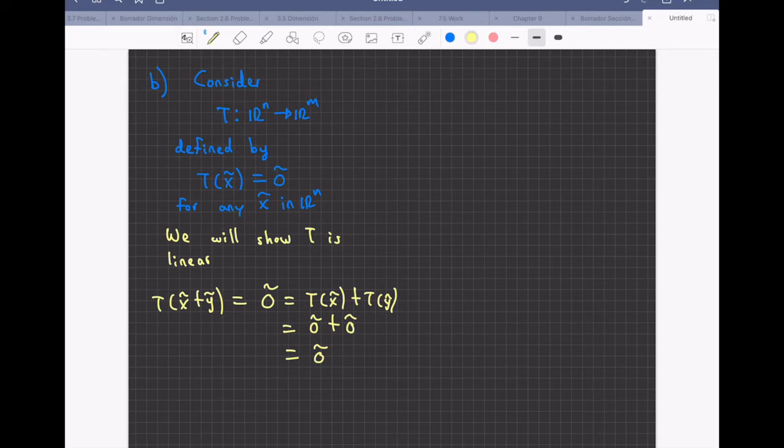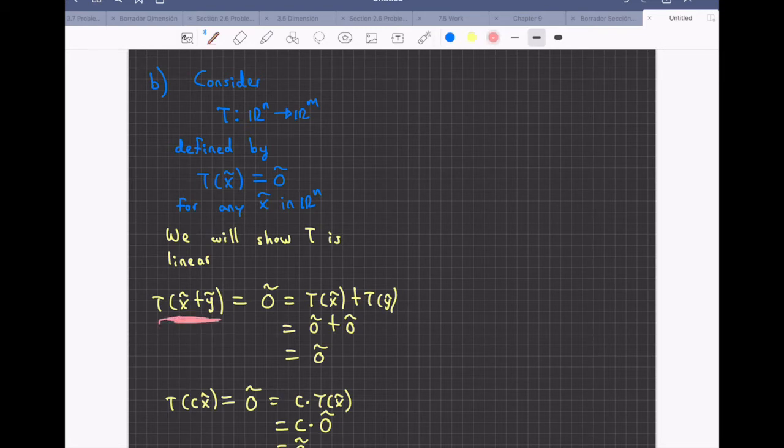And property number two, T of c times x is again the zero vector, the same as c times T of x. This is c times the zero vector, and a scalar times the zero vector is the zero vector.